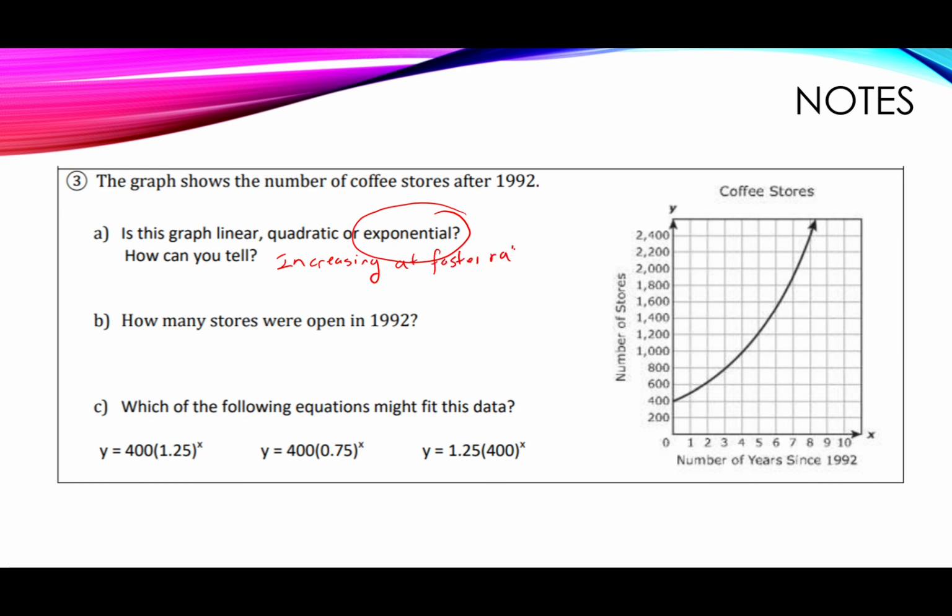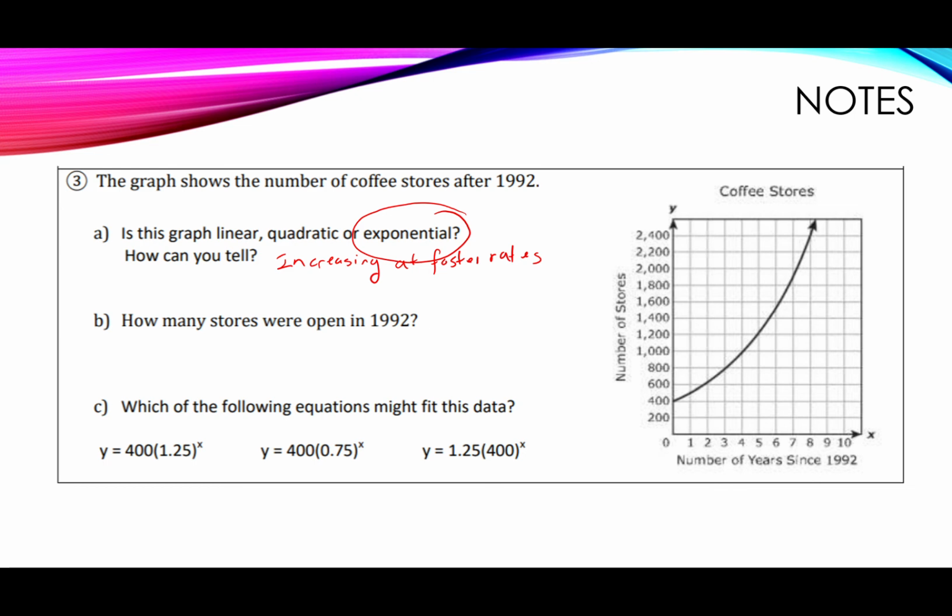Okay, so linear, it always increases at the same rate. Quadratic, it's a parabola. Exponential increases at different rates, or it decreases at different rates. And so that's how it's an exponential.